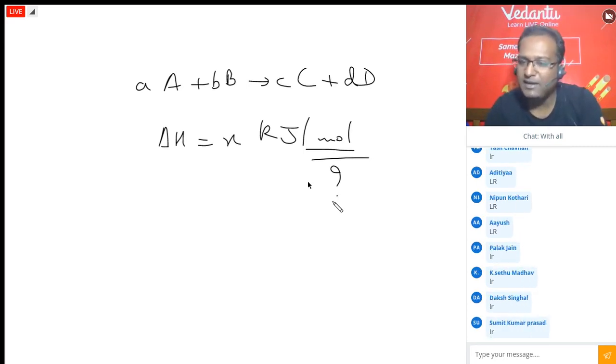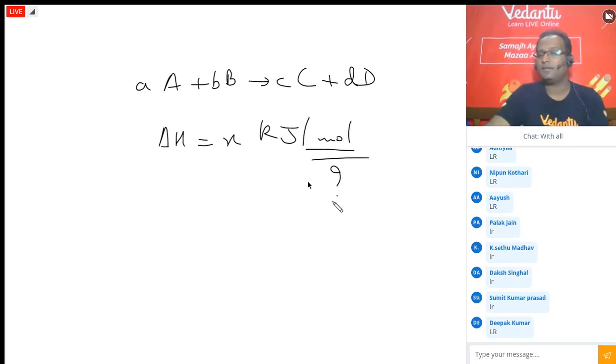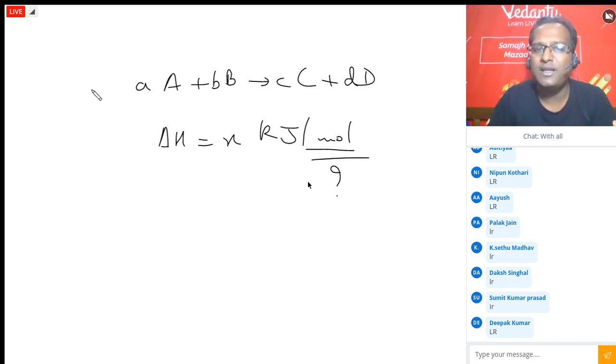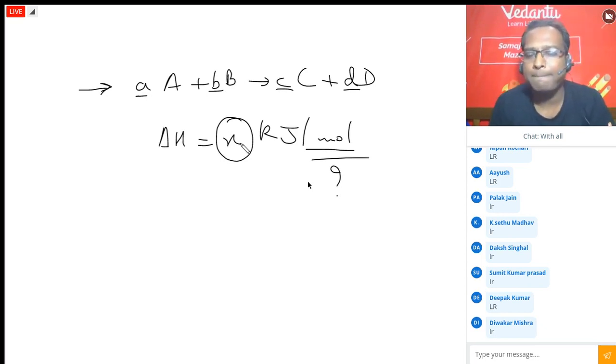Your logic makes complete sense, but that is not the case. This means per mole of the written reaction. This means per mole of the written reaction implies if A mole reacts with B mole to give C mole and D mole, then the heat associated is X. Is this point very, very, very clear?